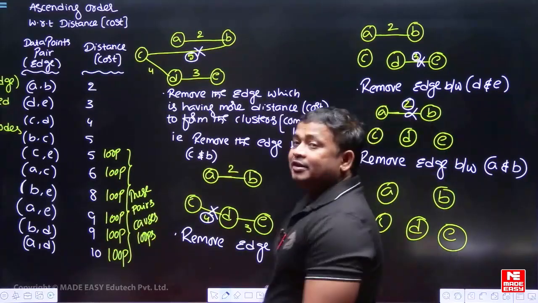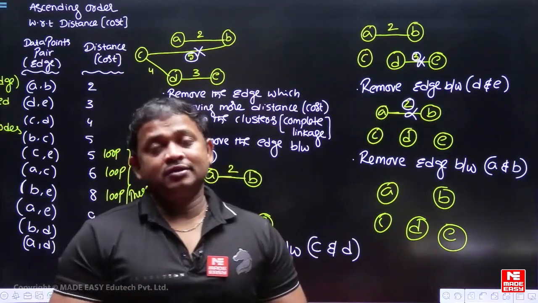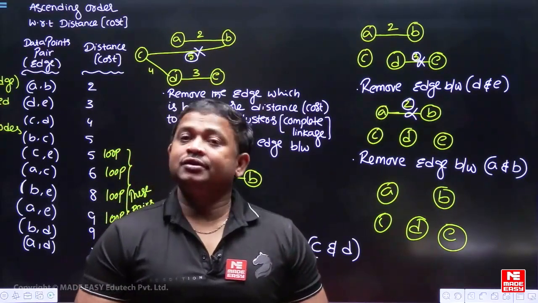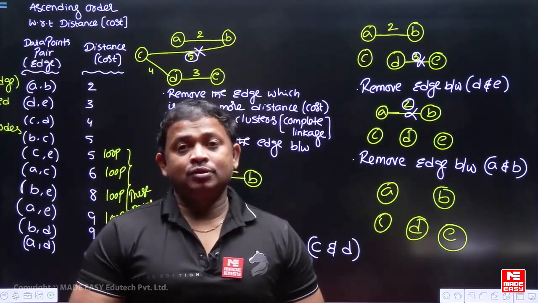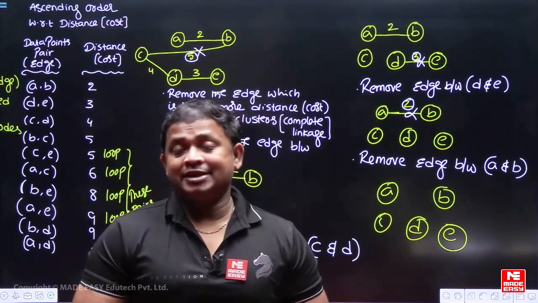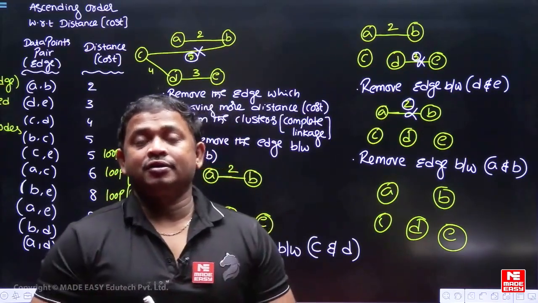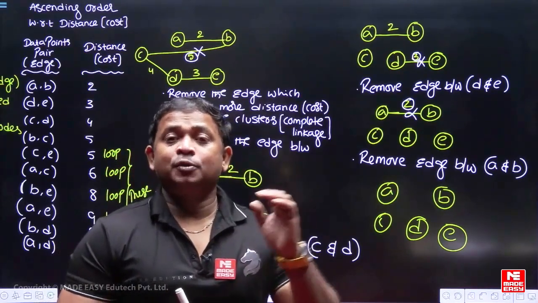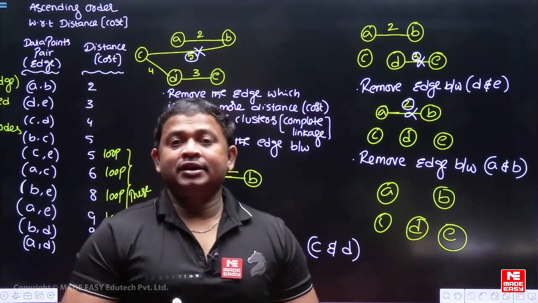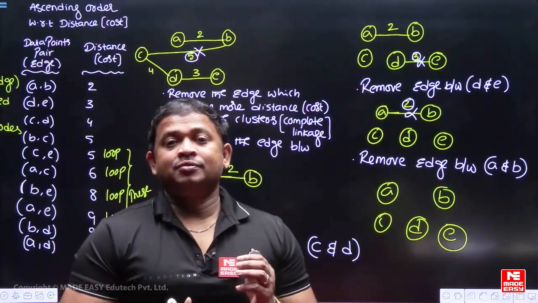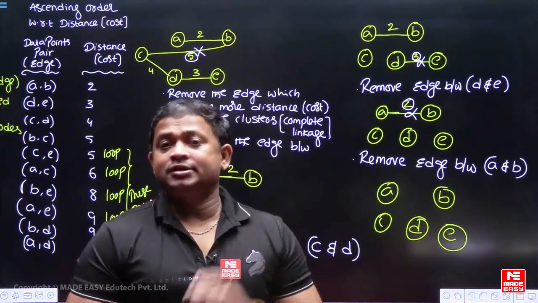Now see, until we are getting the independent data points, we are following the same method iteratively. In every iteration, we are taking the maximum cost edge, removing that edge. Then clusters are formed. That means in the top to bottom approach of clustering, initially we are taking the major cluster which contains the combination of all the data points.